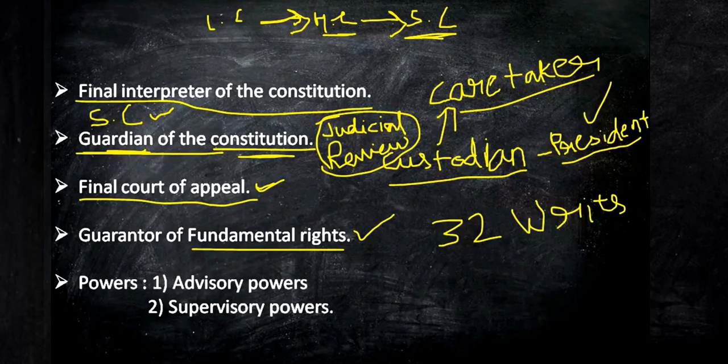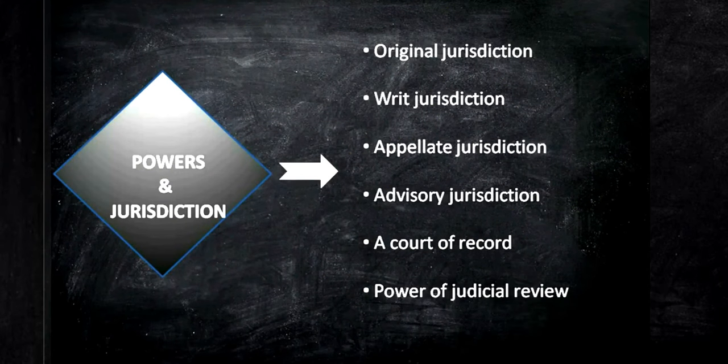Is it clear? Now we will move on to the powers of the Supreme Court. Basically, we can classify the powers of the Supreme Court into advisory powers and supervisory powers. And we will discuss all those things clubbed together. So let's move on to the powers of the Supreme Court. It's very important. These powers are also called the jurisdiction. Why are we calling the jurisdiction and the powers of the Supreme Court equal?